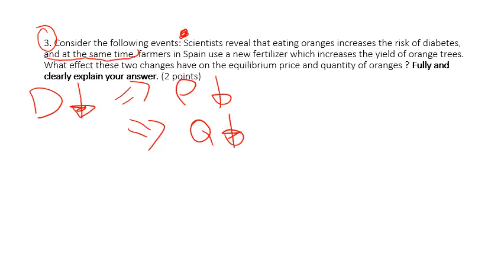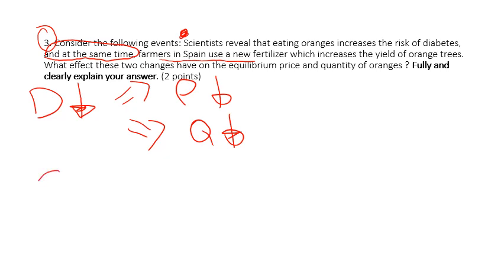And at the same time, meaning there is a second event which occurs simultaneously with the first one. So the second event is farmers in Spain use a new fertilizer which increases the yield of orange trees. That just means that this fertilizer has the effect of producing more oranges.